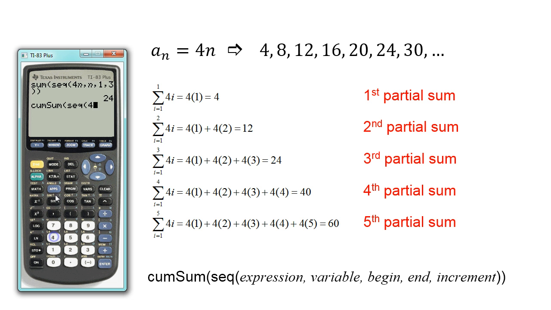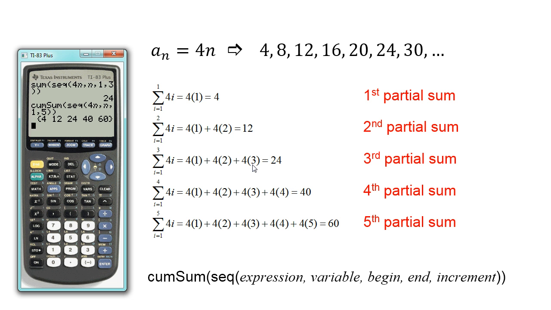I'm going to write my expression, which is 4n, comma, my variable, which is n, comma, and I will list the first 5 partial sums, so 1 to 5. This lists the first partial sum, second partial sum, third, fourth, and fifth. Those match these numbers right here.